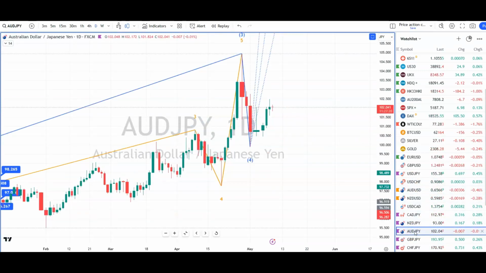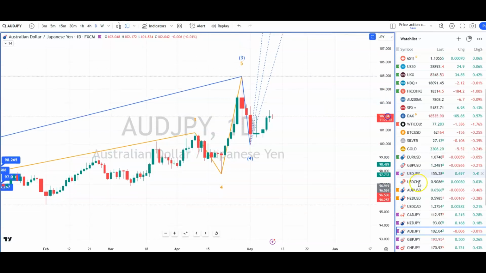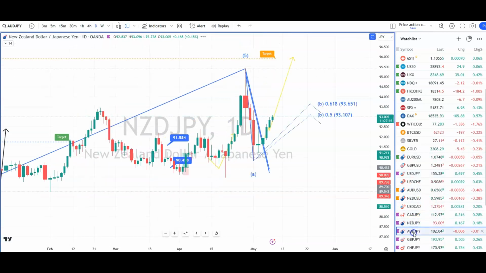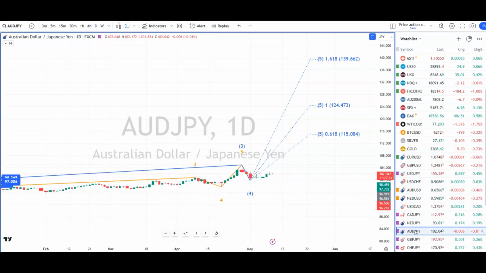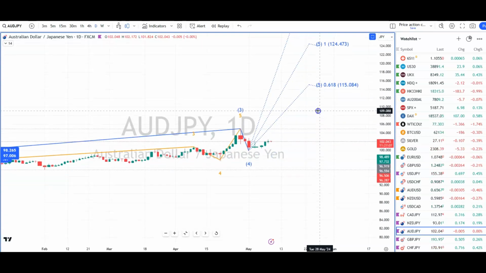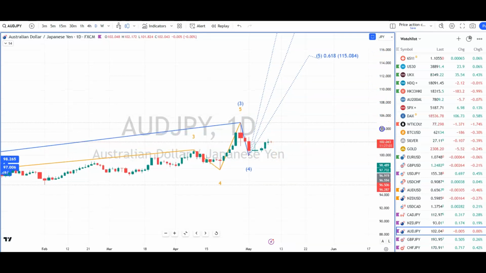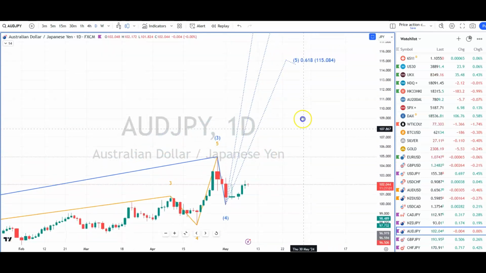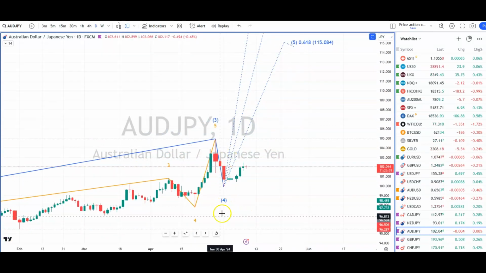Now the Aussie yen is different. As an example, the New Zealand yen and the Aussie yen do the same thing. So the quality trade in this instance is going to be the Aussie yen, because it's going to give you far better risk to reward and a far better return for your money, because it's in a wave 4.